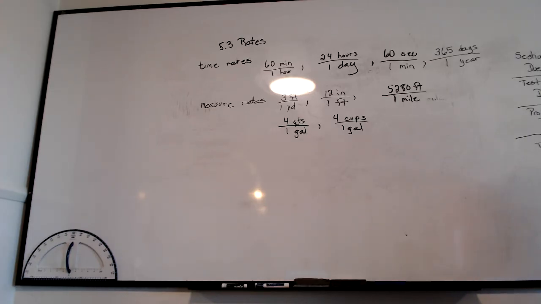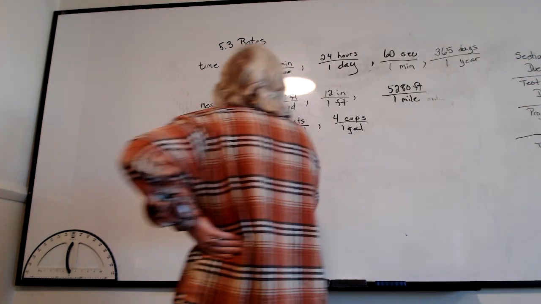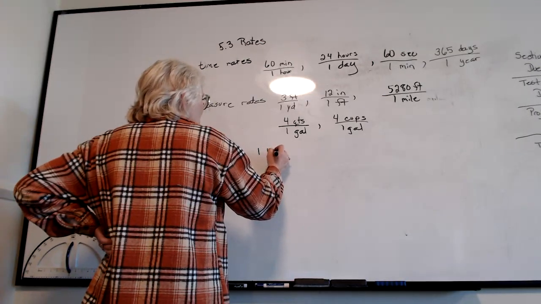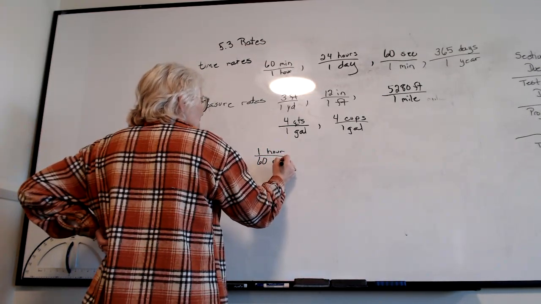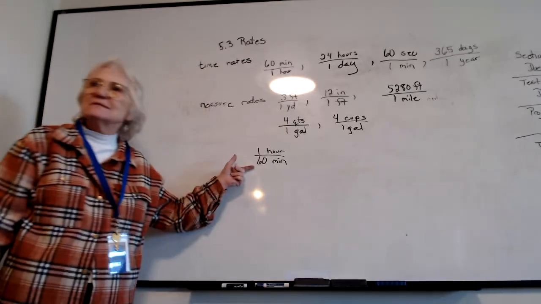Now, which is really interesting, we can make these into reciprocals and they're still the same. Okay, watch. 1 hour is the same as 60 minutes. Is that correct? Yes.